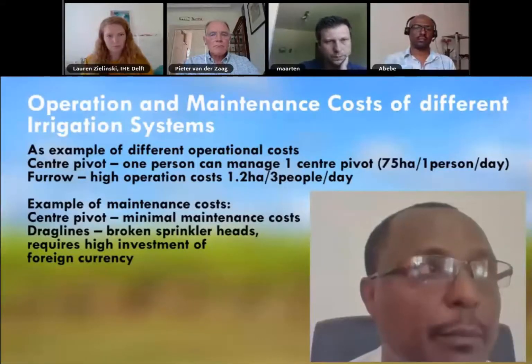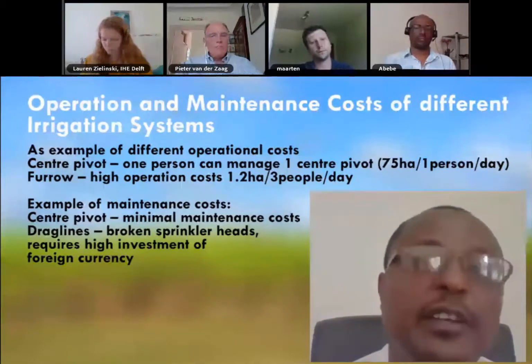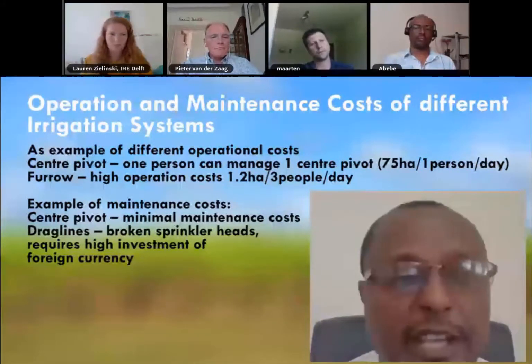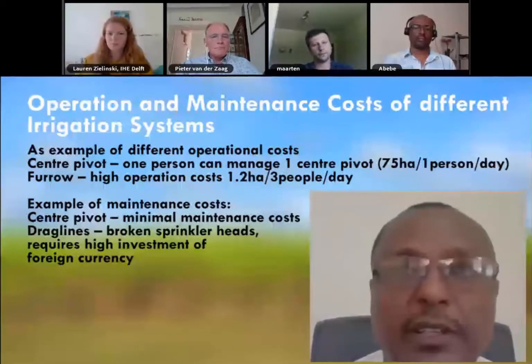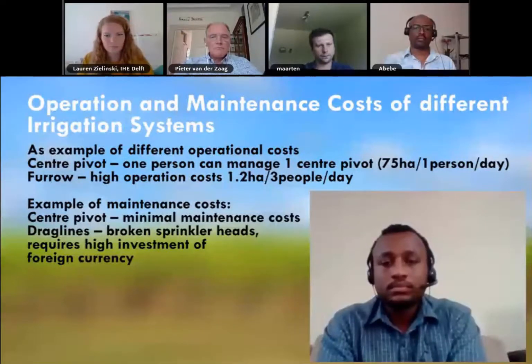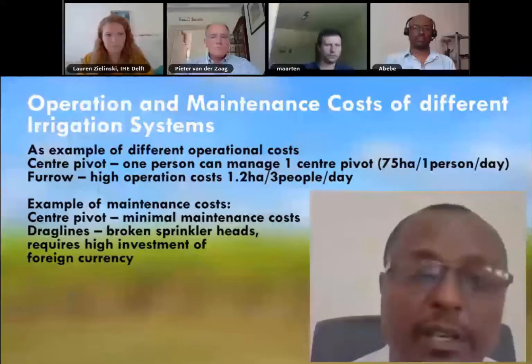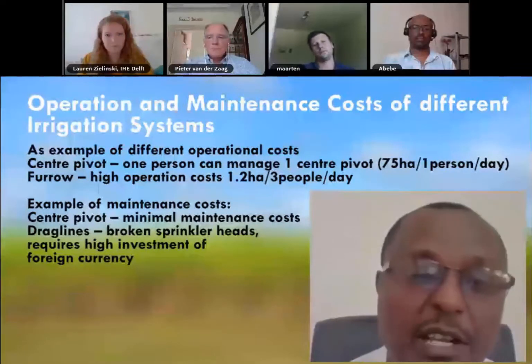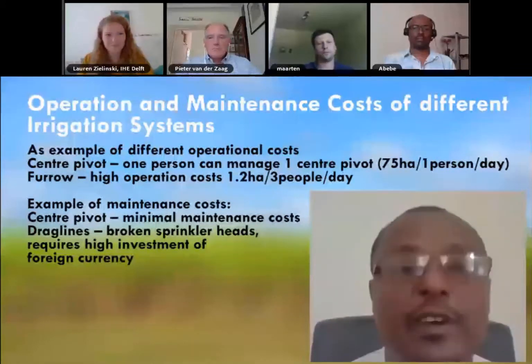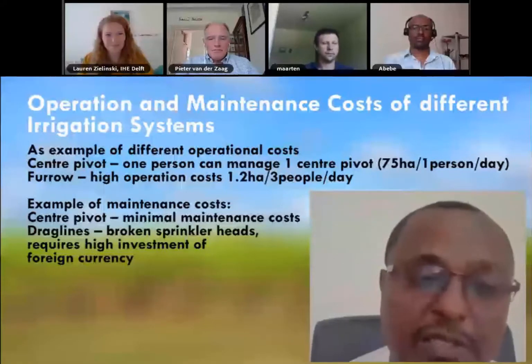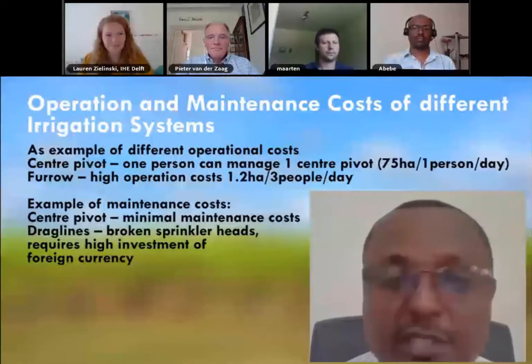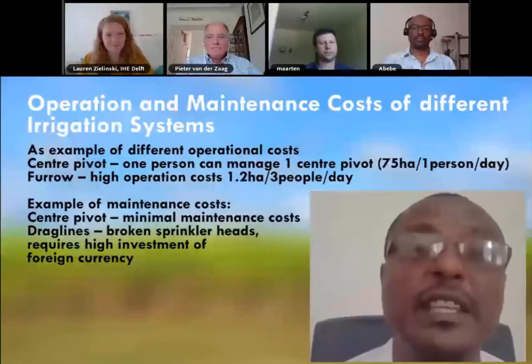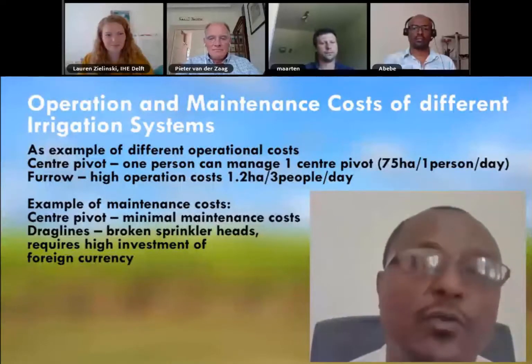Operational and maintenance costs are different in different irrigation systems. For example, in center pivot irrigation systems, one person can manage one center pivot. In other words, one center pivot means 75 hectares. So one person can manage 75 hectares for 8 hours.